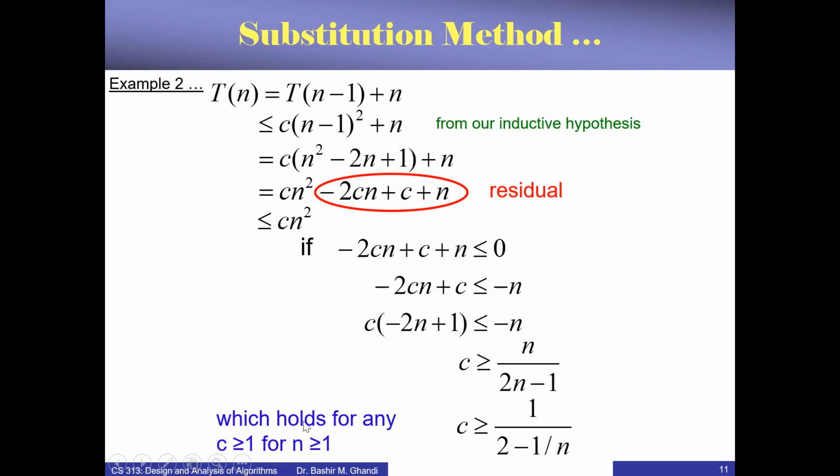And if that is the case, then by definition of big O, we have proved that Tn is big O of n square, because we were able to find positive constants C and n for which the inequality Tn less than or equal to Cn square is true. So this is basically how you prove that a recurrence relation that you guess is true using the method of substitution. You have to make a hypothesis with k less than n, and then make the substitution and prove that it is also true for n.